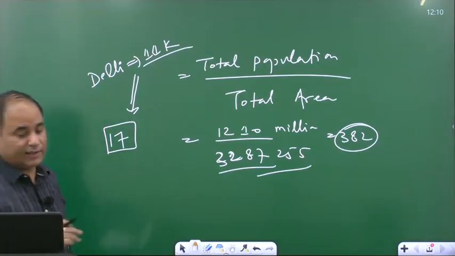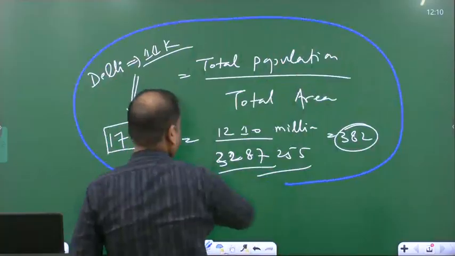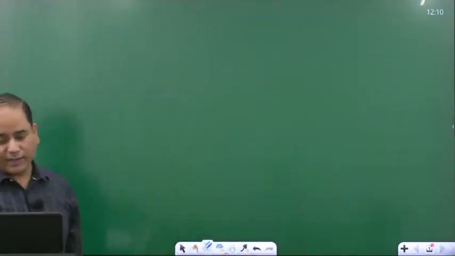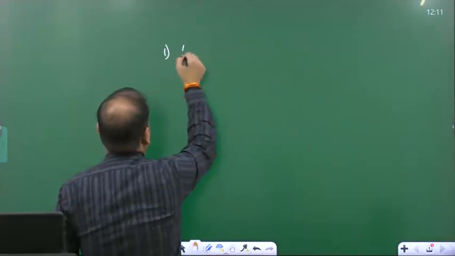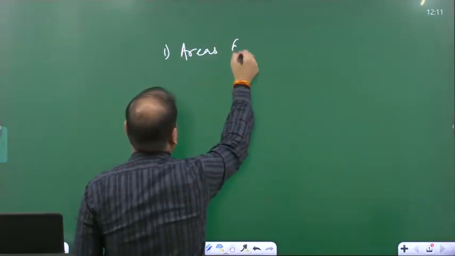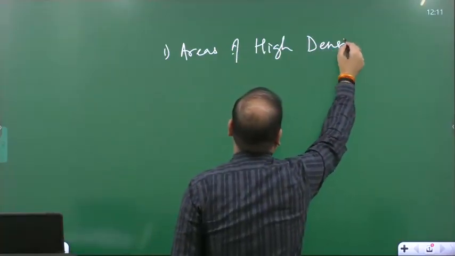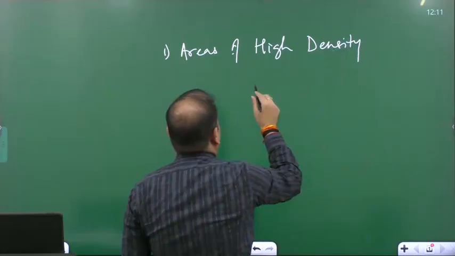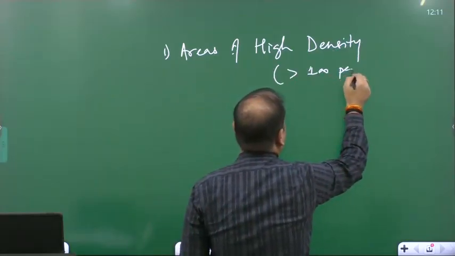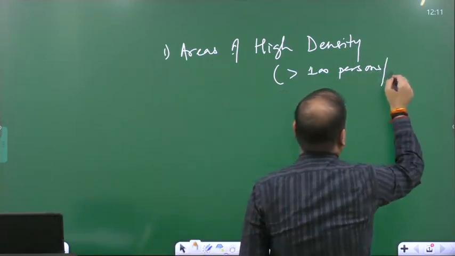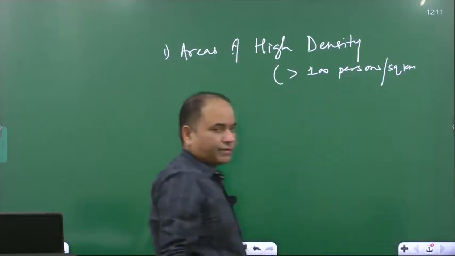Category number 1, areas of high density. Here the population density is more than 100 persons per square kilometer.